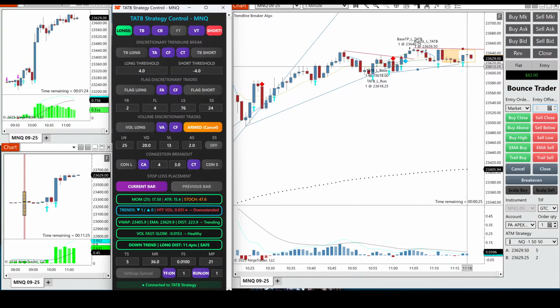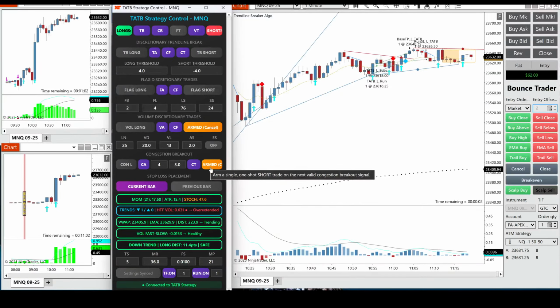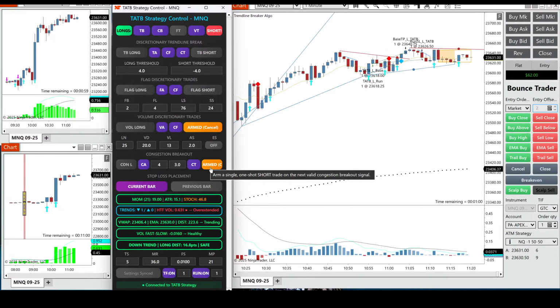I think with the volume down, it will be that setup. But you could also play a compound congestion breakout, like with this bar. If it's going to break to the downside and close here, that would be a trade to the downside.